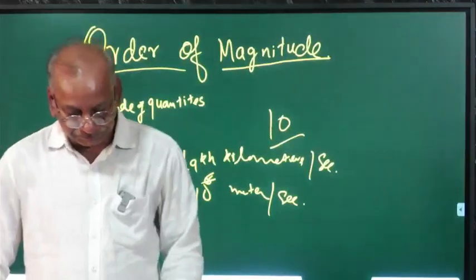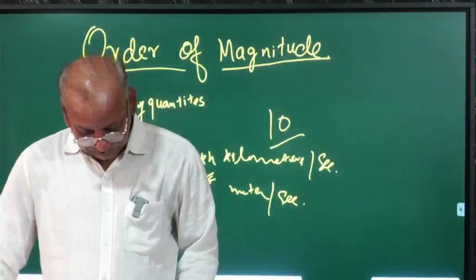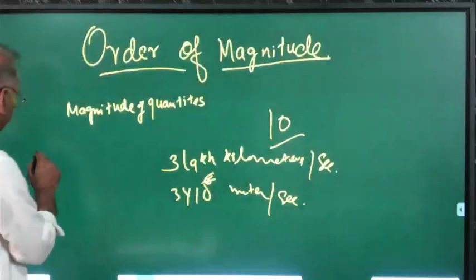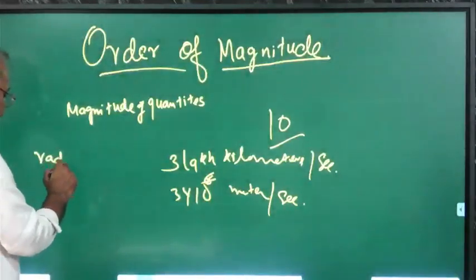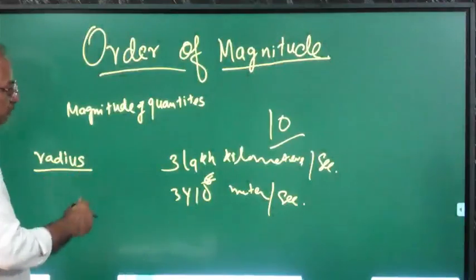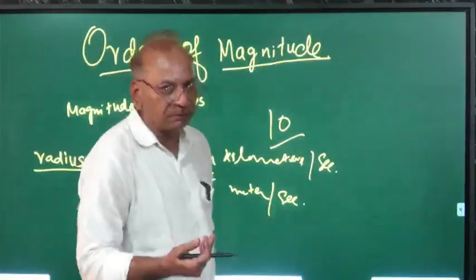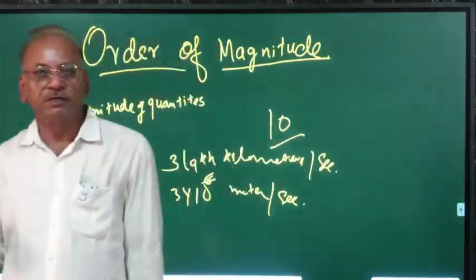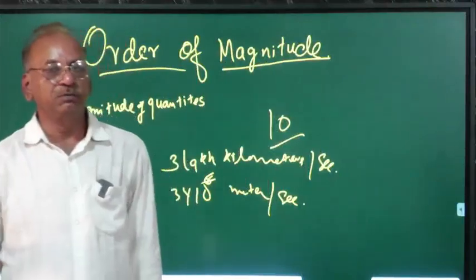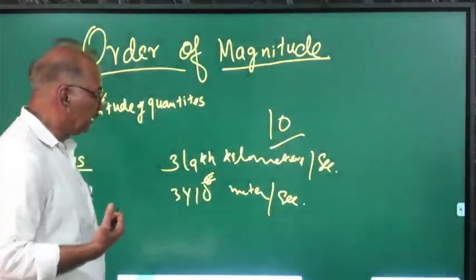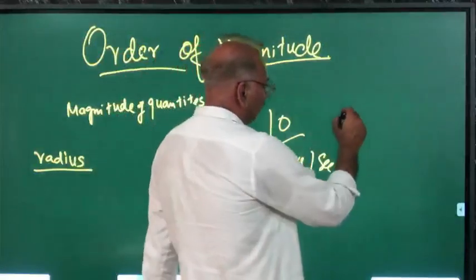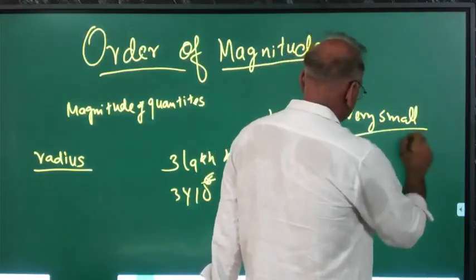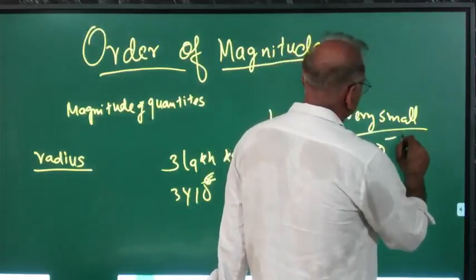Like the dimension and diameter of an atom, the radius of an atom. It is very, very small, in the range of millimeter, nanometer and micrometer. Then when very small objects are expressed, it is as a negative power of 10.